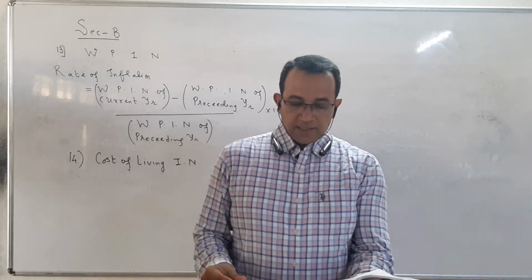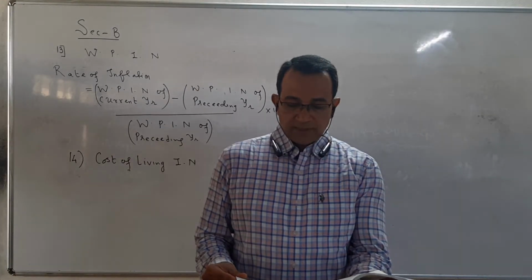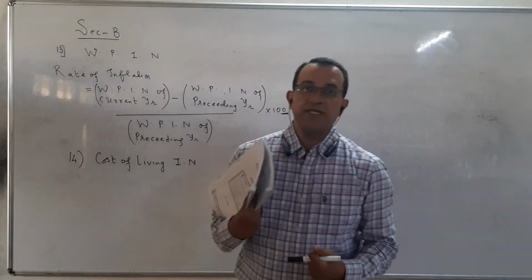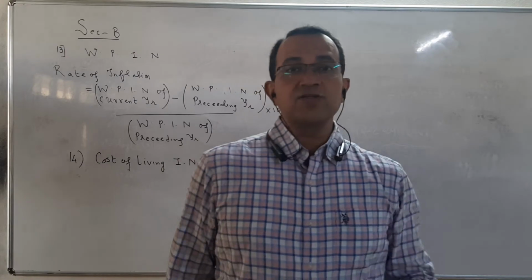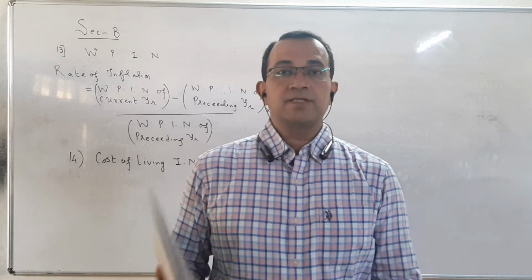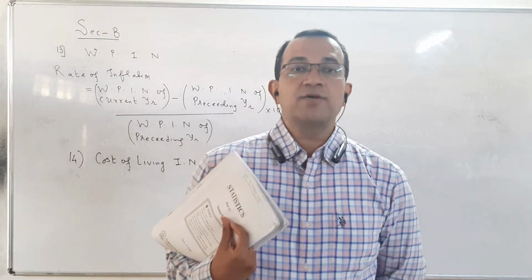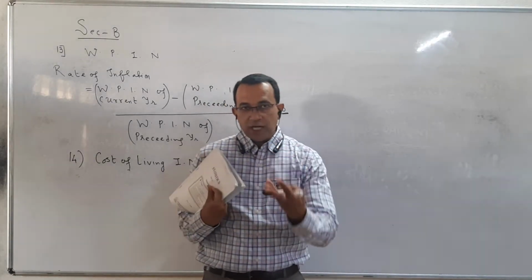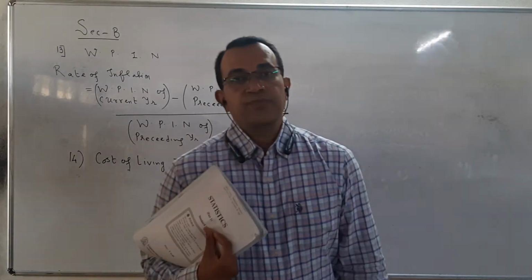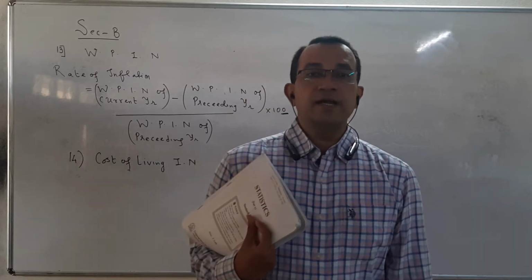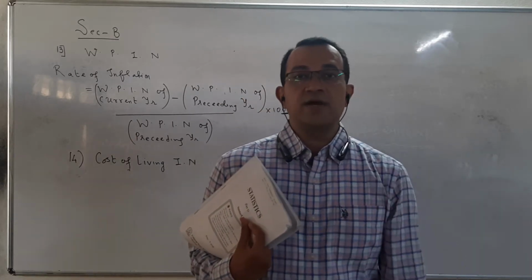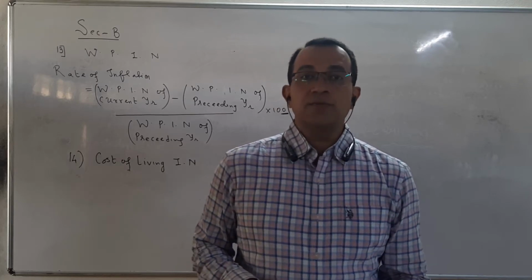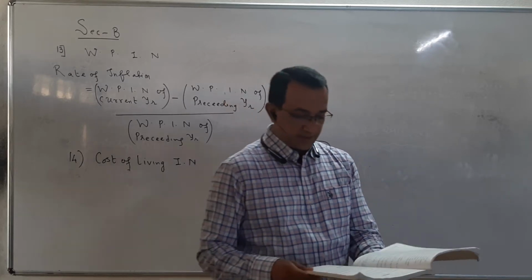Then 15. State the main difference between fixed base and chain base index number. Now this is self-explanatory. In fixed base index number, the base year and hence the value P0 remains constant, and in chain base index number, every time by default the previous year's value becomes base year's value, or the previous year becomes base year.